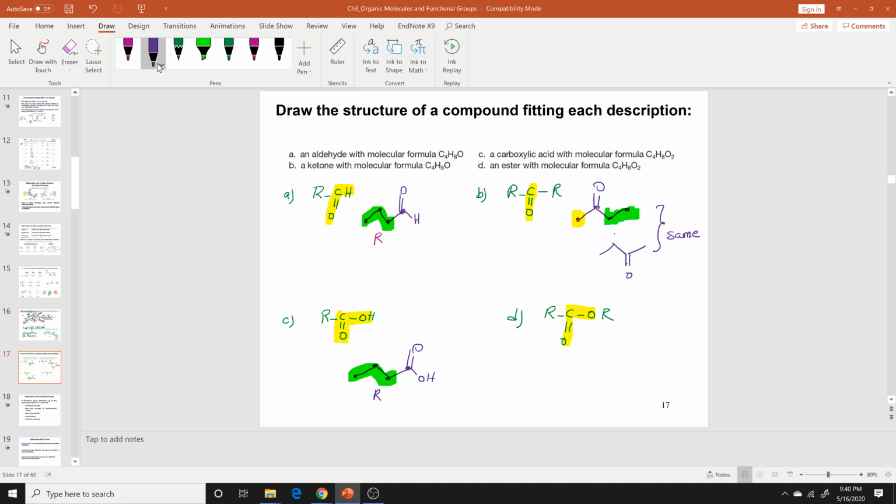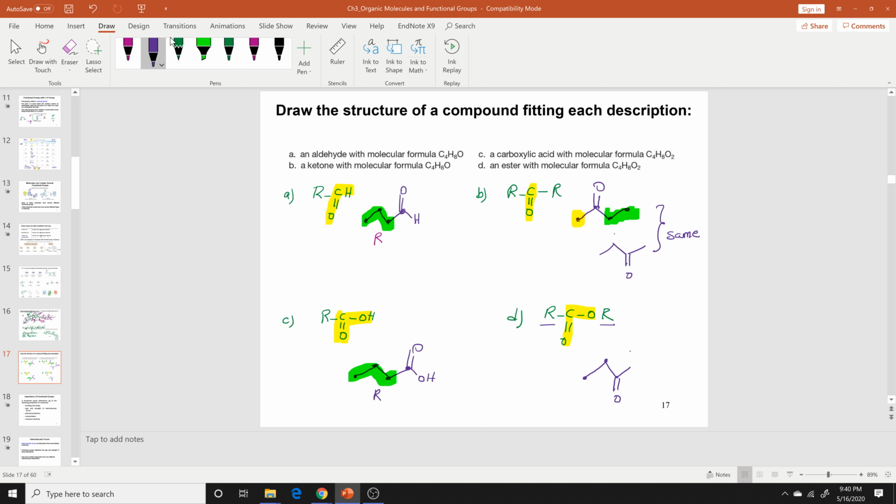And then for the last one, I have my 4 carbons again. So draw your 4 carbons. Now notice here what I have. I have an oxygen, so you're going to put the oxygen somewhere. I'm going to draw my 3 carbons, not 4, because I have a total of 4 that are divided between these two R's. So I'm going to put the 3 on one end, and then put a double bond O over here.